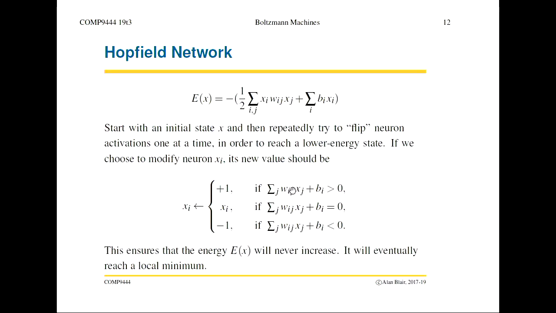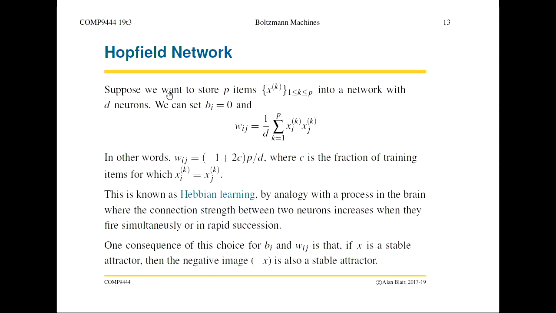Okay, so if we're given a set of images, how do we come up with these wij's? Well, it simplifies things if we just set bi to 0. We're not going to have any bias. We're only going to look at the interaction terms. And the trick is, as I said, it's kind of like the correlation.